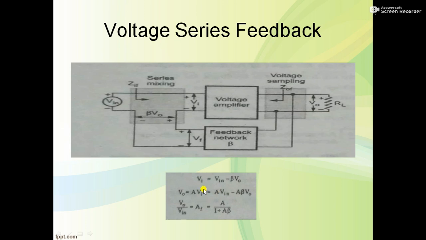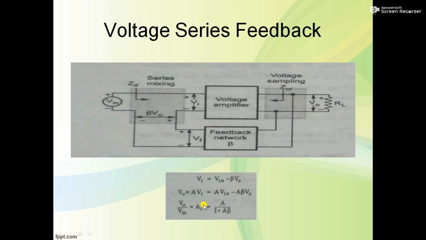So in the A into Vi equation, put this Vi. What is Vi? A into Vin minus A into beta V naught. After that, equating both equations, we find the voltage gain of the entire voltage series feedback circuit. That means output divided by input is nothing but the voltage gain, that is AF.